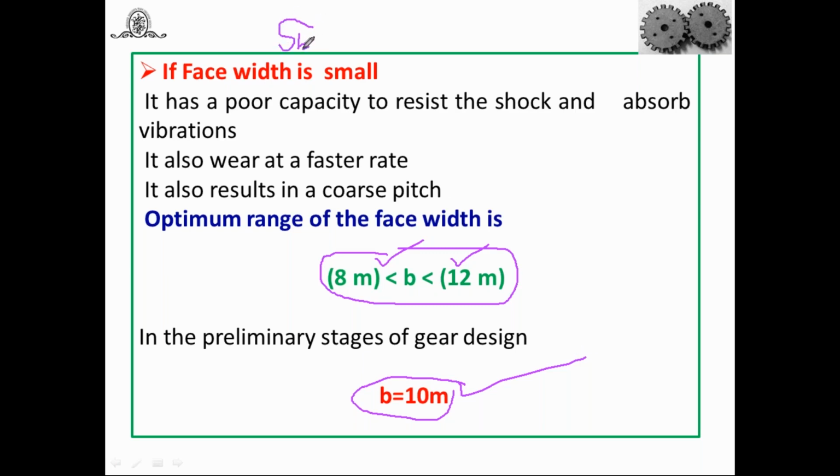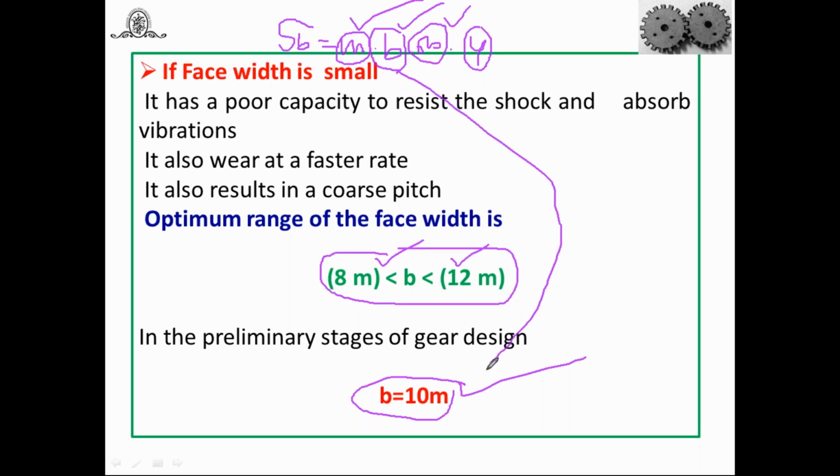Now, in this equation, Sb is equal to m into b into sigma b into Y. We have seen how to take the value of m, how to take the value of b, and how to take the value of sigma b also. Only one factor is remaining, Y, that is the Lewis form factor.